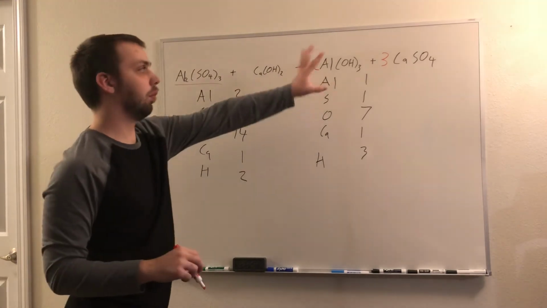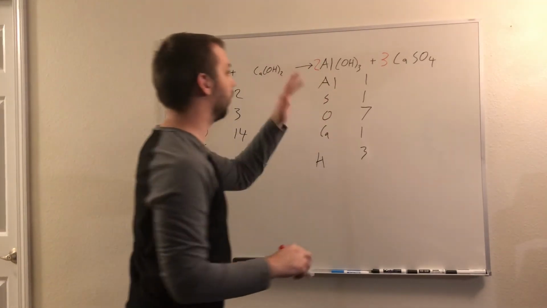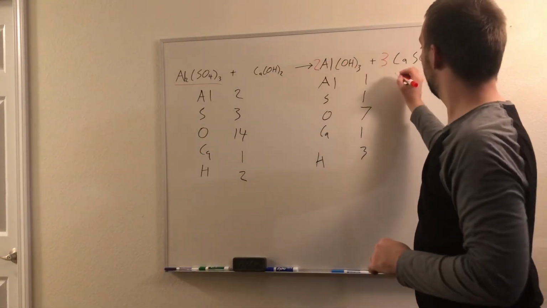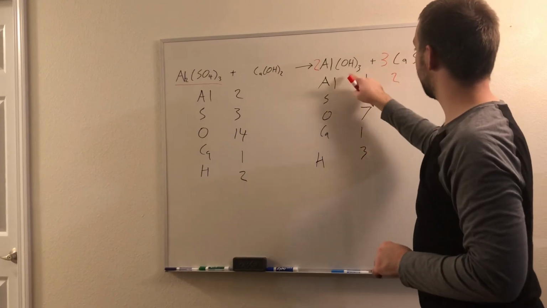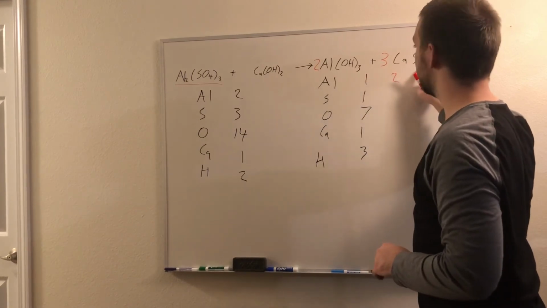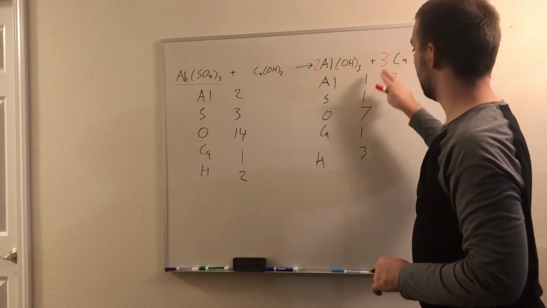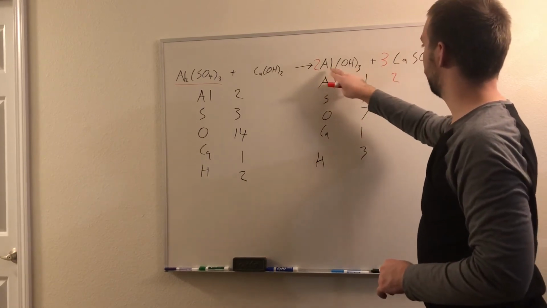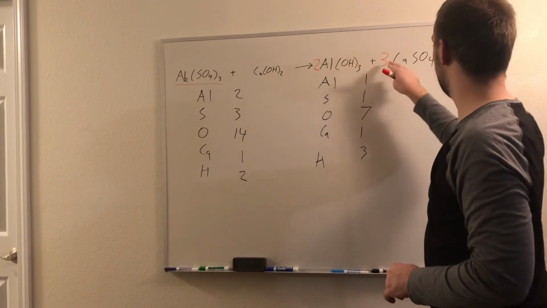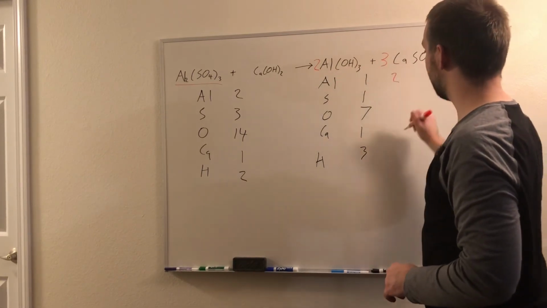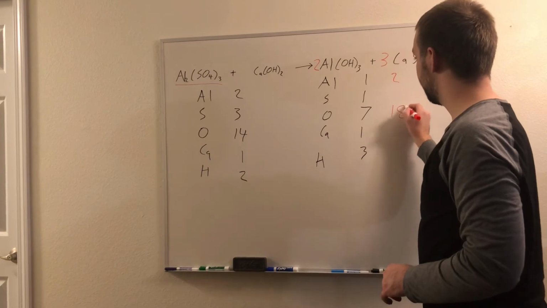Let's see what multiplying these things did to over here though. So now we have 2 aluminum, and then our oxygen goes from 7 to now it's 2 times 3 is 6, 3 times 4 is 12, so that puts it at 18.